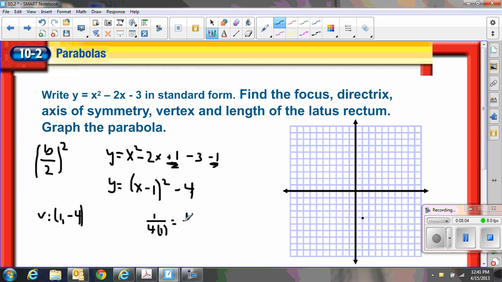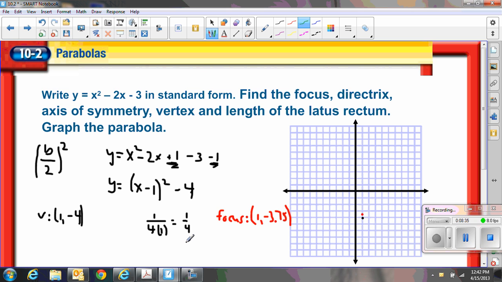So 1 over 4a gives me 1/4. If I take this number and add it to my vertex, the focus is at 1, negative 3.75. I'll put a red dot there for my focus, right about there.